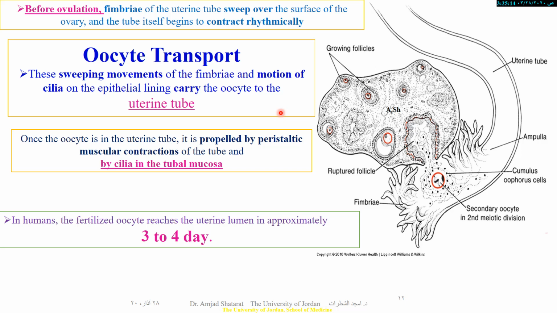For this, let's go back to the day before ovulation, day 12 or 13 of the menstrual cycle. Fimbria, you already know these finger-like projections of the uterine tube, sweep over the surface of the ovary, and the tube itself begins to contract rhythmically in preparation.